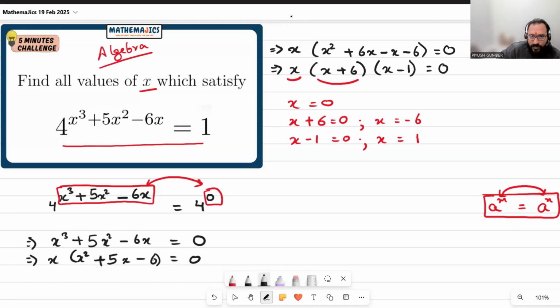So we have three values here, x equals to 0, or x equals to negative 6, or x equals to positive 1. These are the three possible values of x which will satisfy the given equation. So these three are my answers.